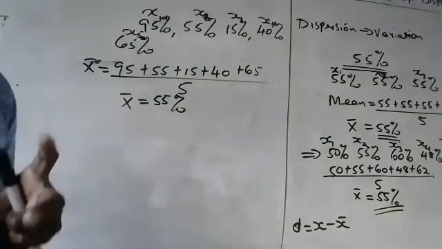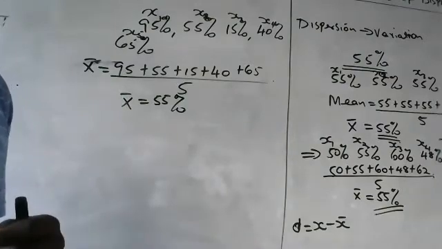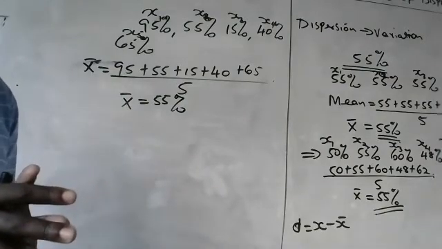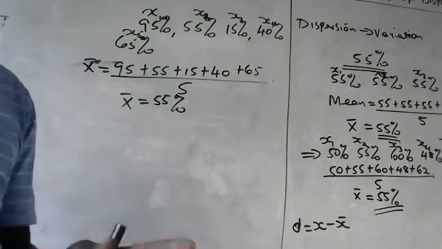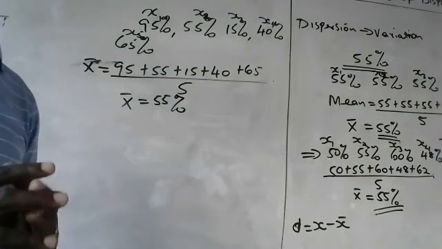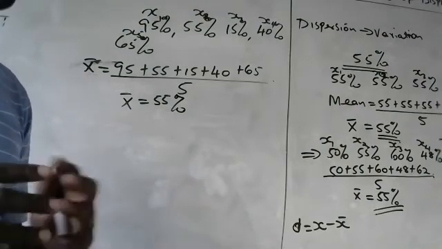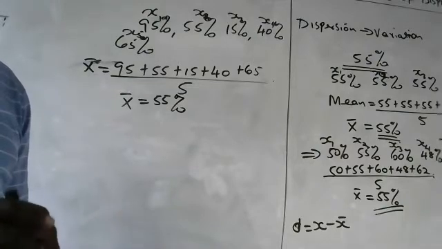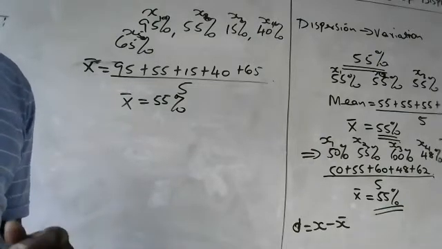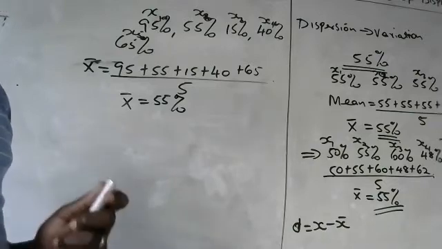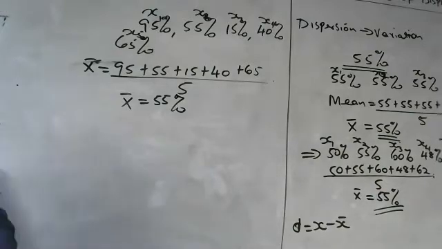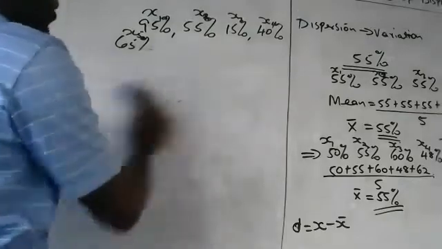But I want you to understand that when the dispersion is very small, then the data is correct. When the dispersion is very big, then the measure of central tendency is not correct, or it is misleading.